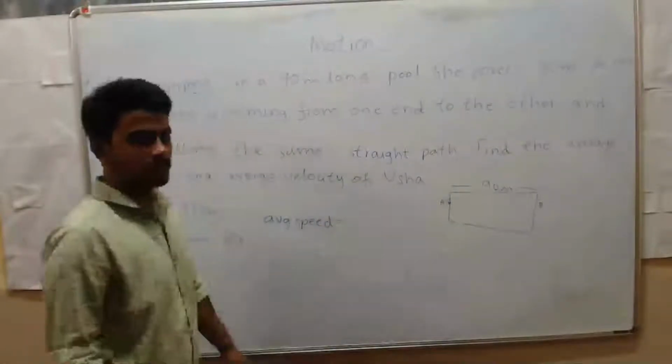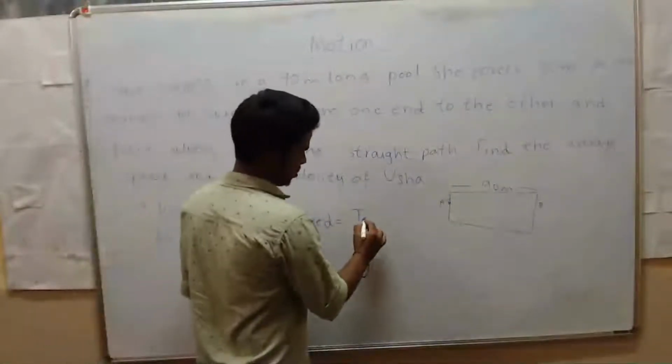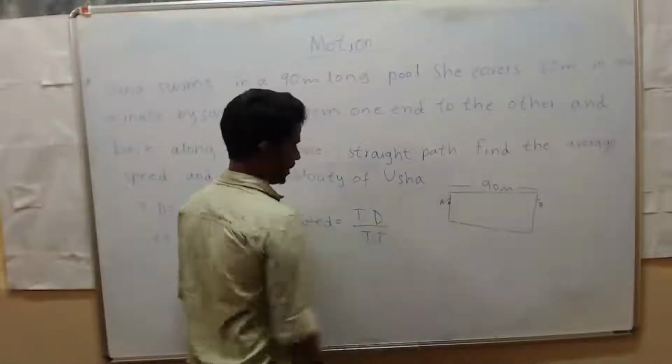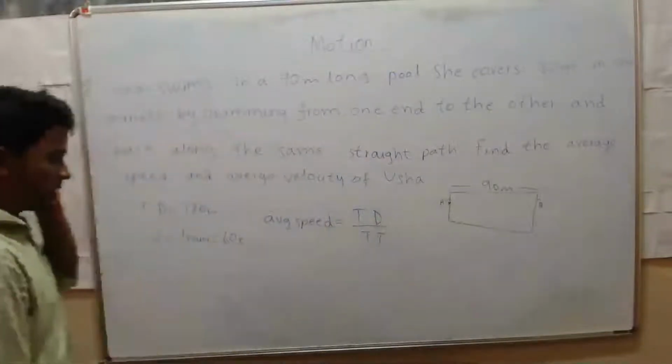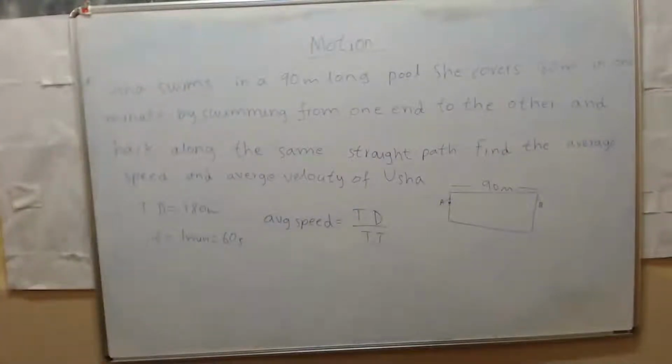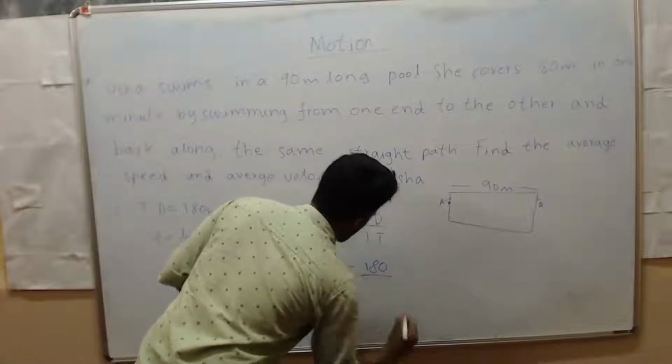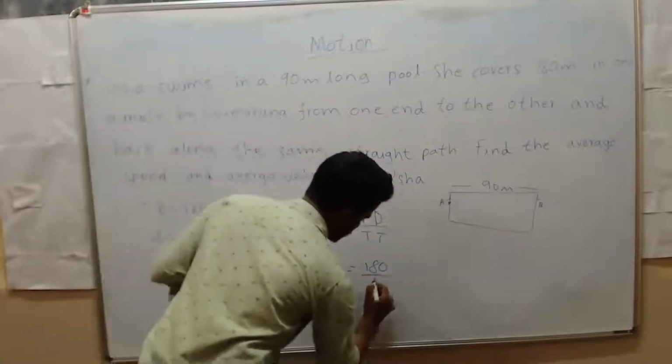First, calculate the average speed. Average speed is equal to total distance divided by total time taken. So what is the total distance here? Total distance is 180 meter. Total time is 60 seconds.